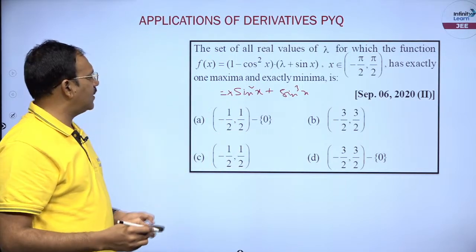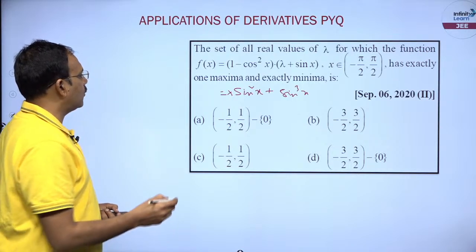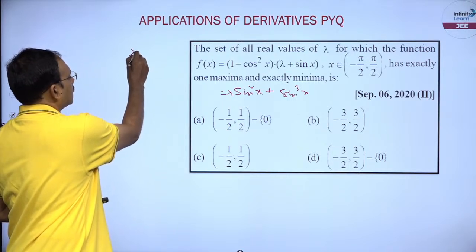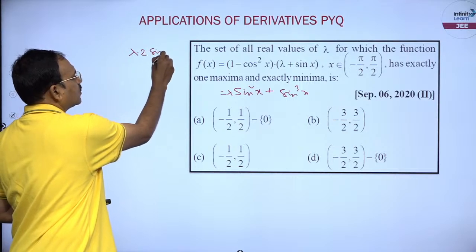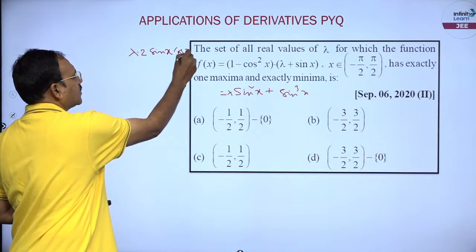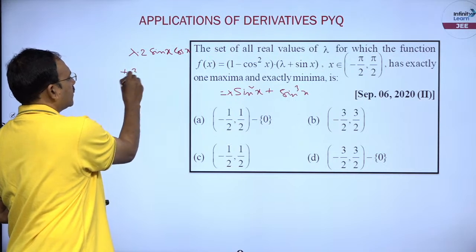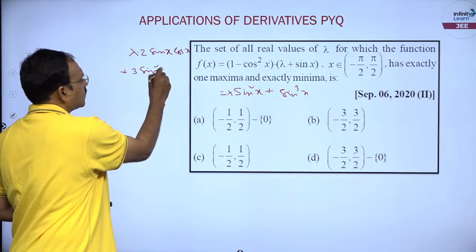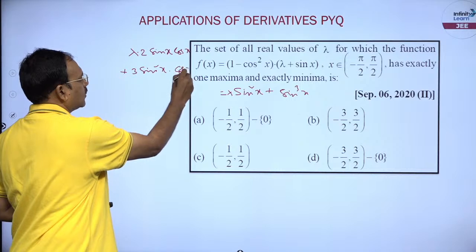So clearly you just take its derivative, friends. What do you get? Lambda sin square x, derivative is 2 sin x into cos x, plus sin cube x, derivative is 3 sin square x into cos x.